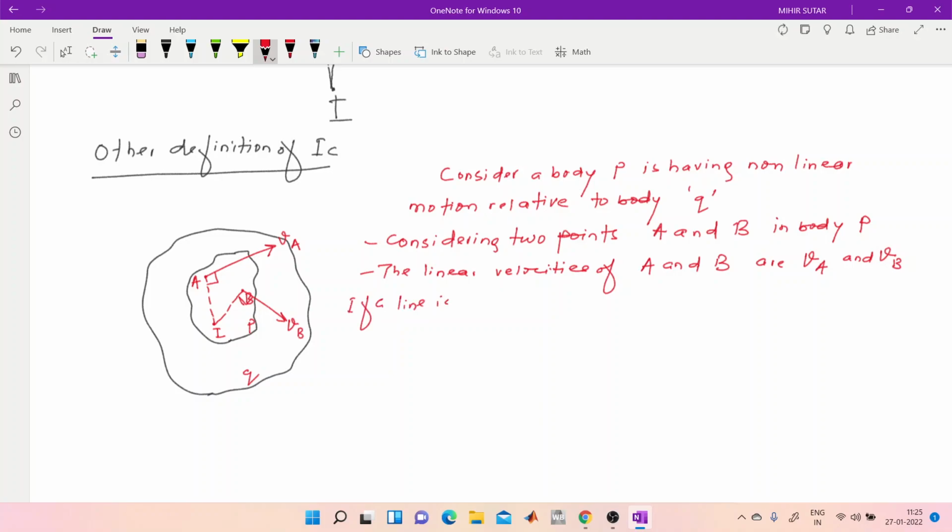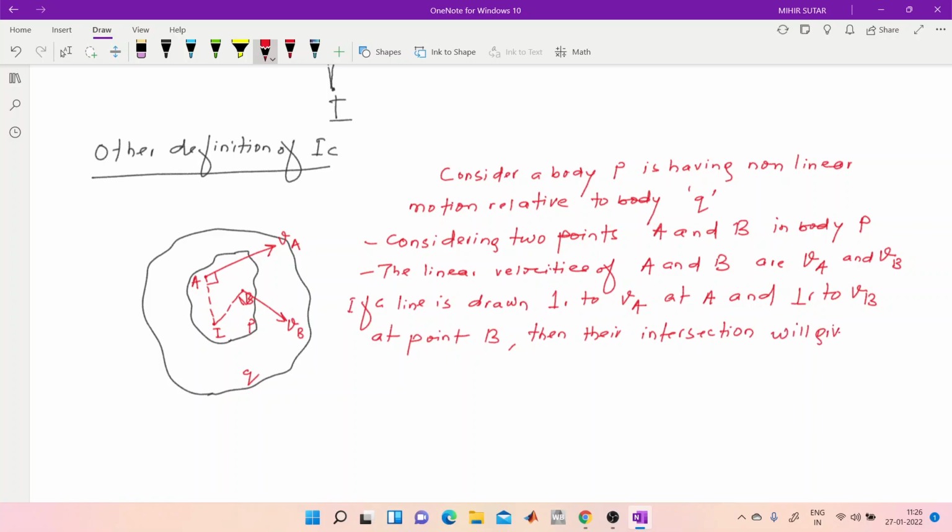If a line is drawn perpendicular to VA at A and perpendicular to VB at point B, then their intersection will give the instantaneous center. Am I clear to all of you?